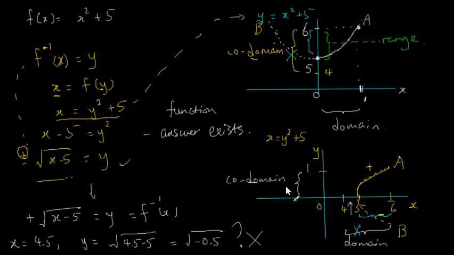So for a function, the answer must exist. In this case, by restricting the domain, we can think of this smaller domain as a restricted domain. By restricting the domain, it is now possible to have an inverse function.